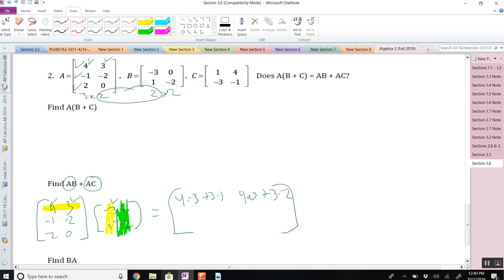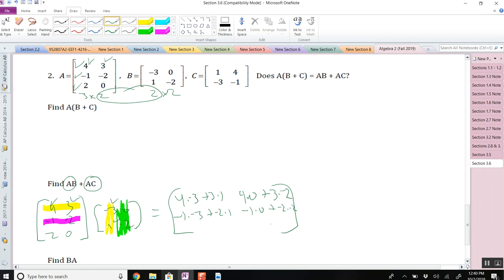Now I'm going to do this again, but with the second row of the left matrix and the first column of the right matrix, and the second row of the left matrix with the second column of the right matrix. So I'm going to do negative 1 times negative 3 plus negative 2 times 1. It's kind of a pattern. Negative 1 times 0 plus negative 2 times negative 2.